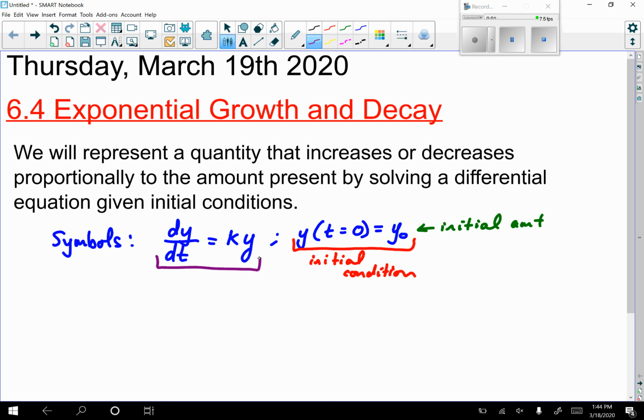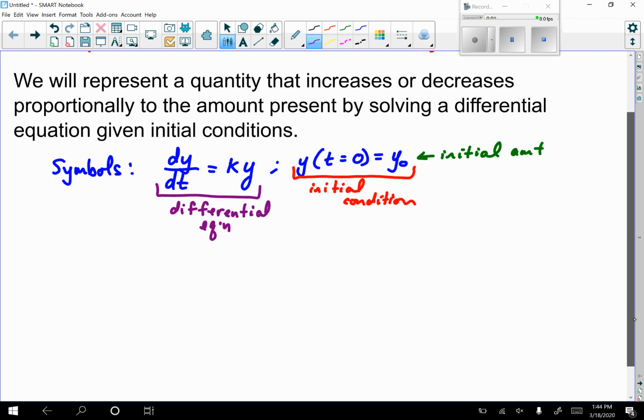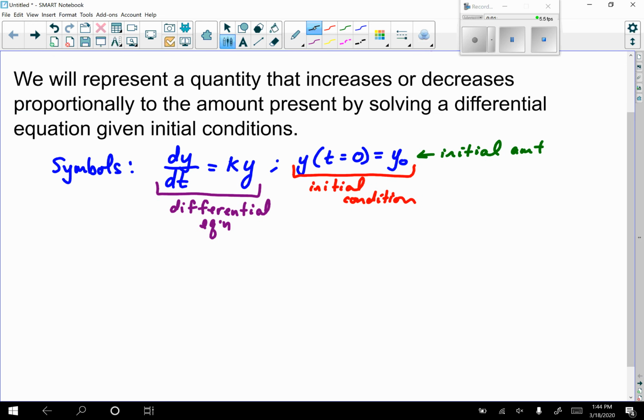And this equation is our differential equation. So what we're going to do is just solve this differential equation for y in terms of t. And you're going to see that we're going to end up getting an equation that should look pretty familiar.